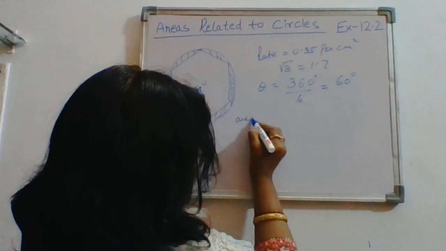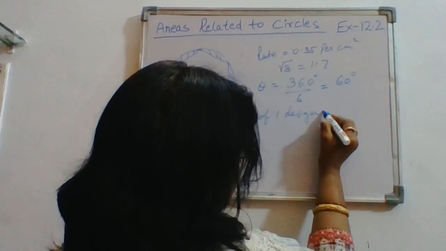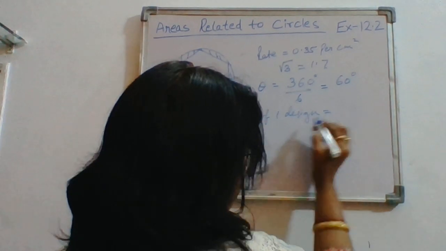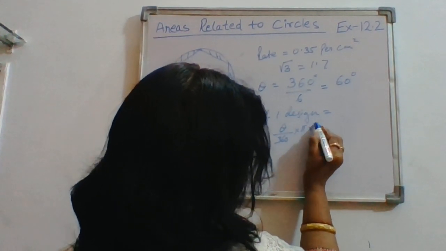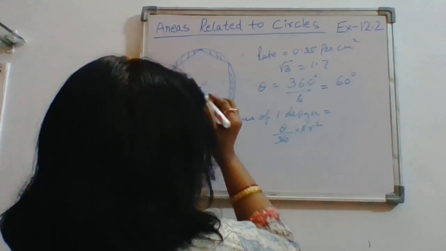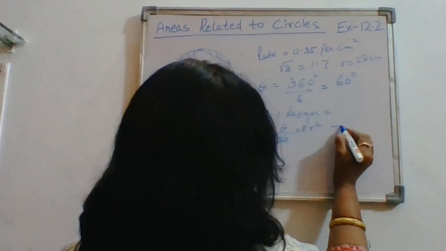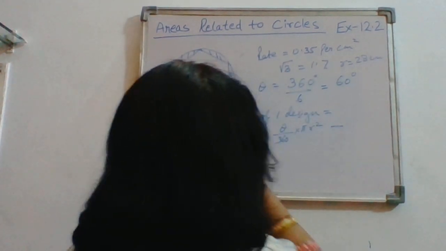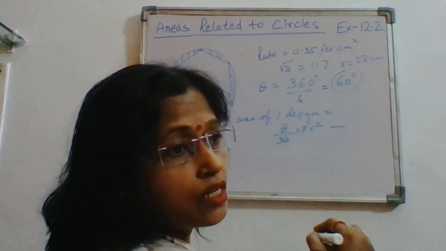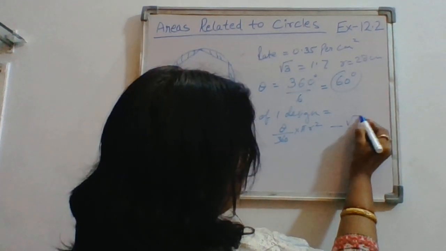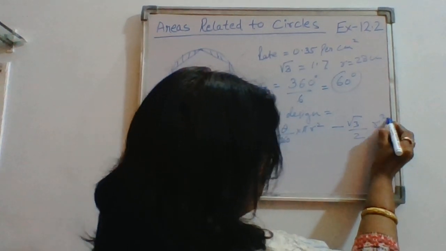So area of one design will be equal to area of the sector, that is theta upon 360 into pi r square. R is your 28 centimeter, minus area of the triangle. And which kind of triangle? When theta is 60 degree, you will get an equilateral triangle, area root 3 by 4 side square, and side will be your radius only.